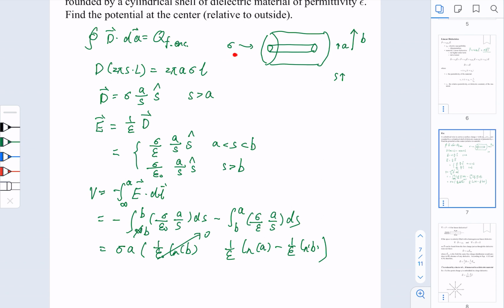From the sigma alone, we can calculate the displacement vector D, and then from the displacement combined with the permittivity epsilon, we can derive the E field, and from the electric field we can again derive the scalar potential. That already completes our problem, and we don't even need to worry about the polarization vector P.